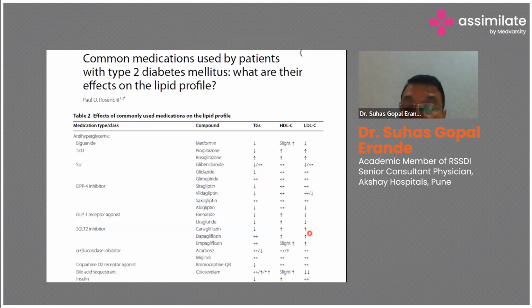And then the SGLT2 inhibitors and GLP-1 receptor agonists, especially exenatide and liraglutide, have been shown to reduce LDL. Why I am repeatedly mentioning LDL is, as I told you, LDL is the cause of atherosclerotic cardiovascular disease. And that's why if LDL is reduced, that is certainly going to be beneficial as far as ASCVD risk reduction is concerned.